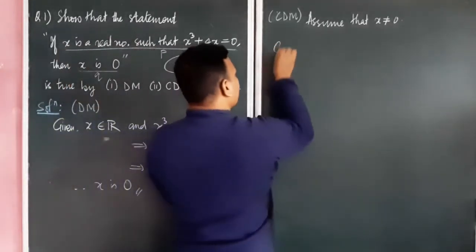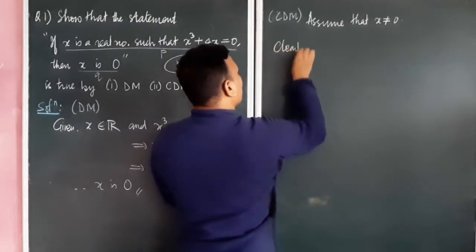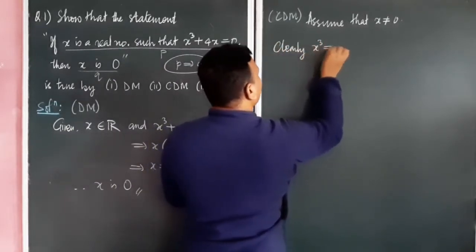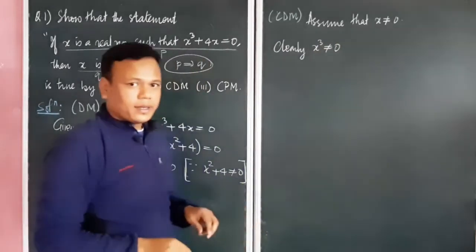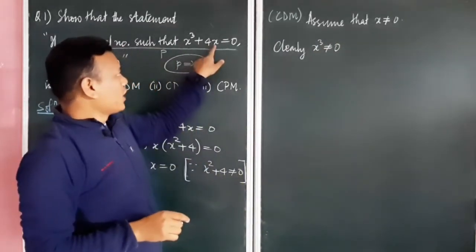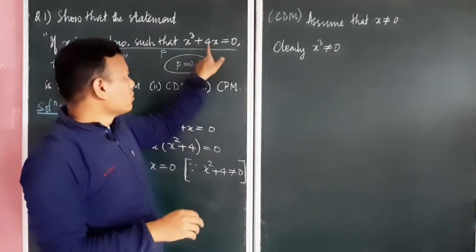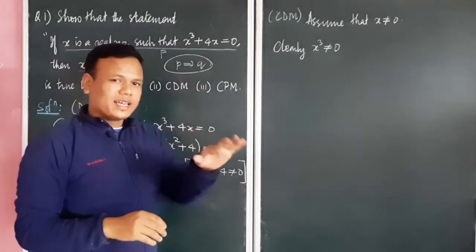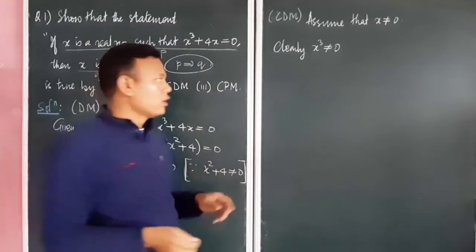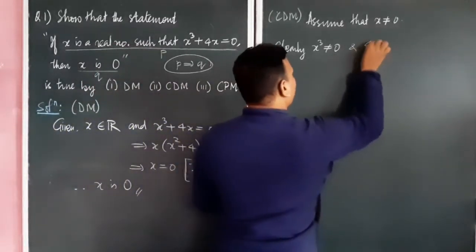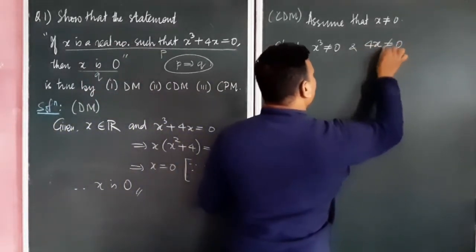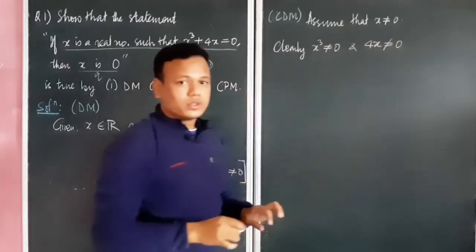So clearly x cube will not be equal to 0. And if I multiply that number by 4, that is 4x, will that be equal to 0 again? No, right? So 4x is also not equal to 0.